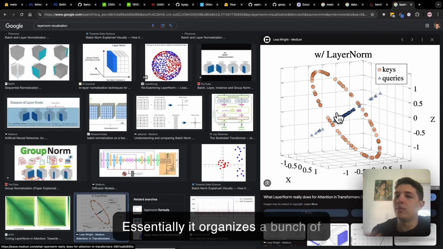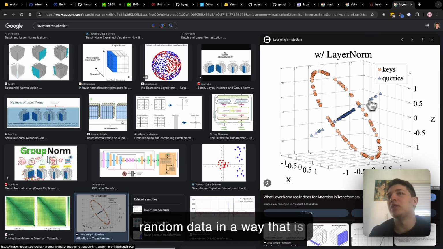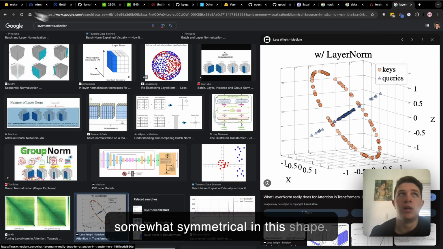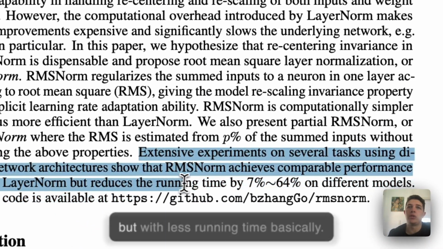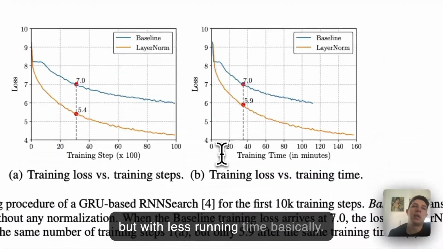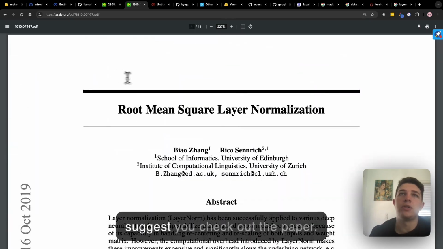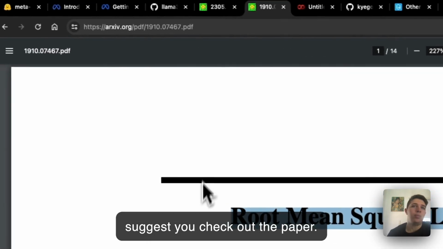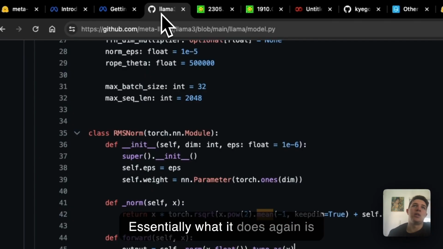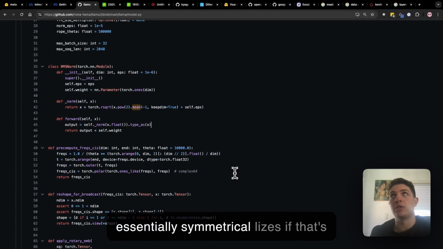It essentially organizes what would seemingly be a bunch of random data in a way that is somewhat symmetrical in this shape. And RMS norm does that same thing, but with less running time, basically. Yeah, so RMS norm is very popular. I suggest you check out the paper. Essentially what it does, again, is reduces training instability and symmetricalizes, if that's a word, the data.